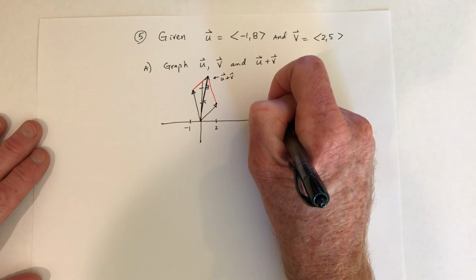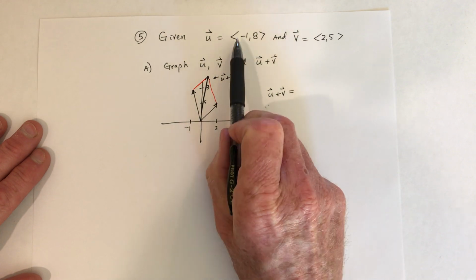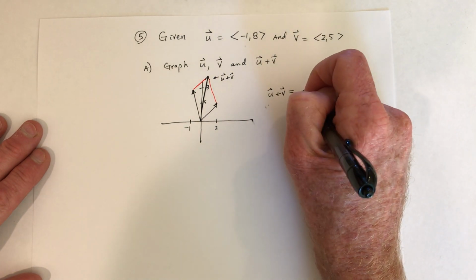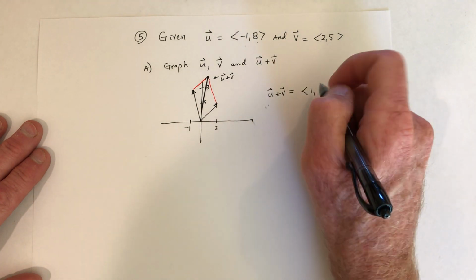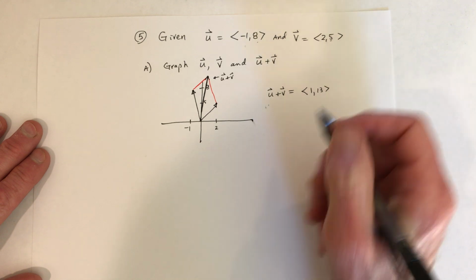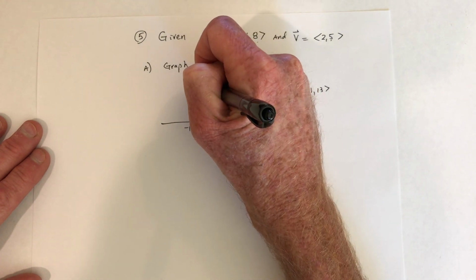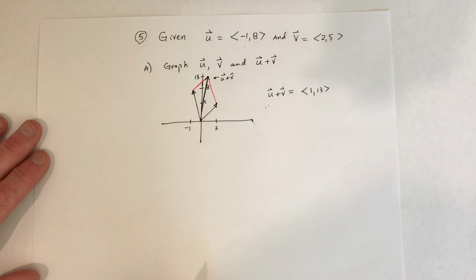The other way to do it is u plus v just means add -1 and 2, so that's 1. Add 8 and 5, so that's 13. And then that would mean go over by 1 and go up to 13. And then draw that vector.